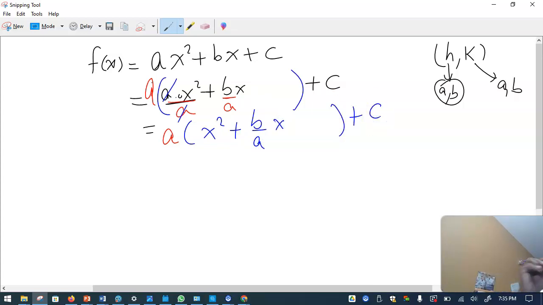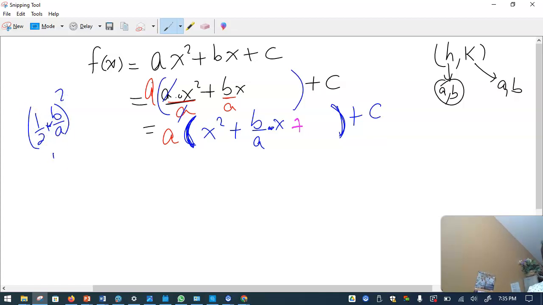Let's see. So now we need to make the parenthesis a perfect trinomial, and all you do is add the last term. So we need to add something here, right? To get that, we use half of the coefficient of x. The coefficient right now here is b over a. So you take half of that, and then you square this.